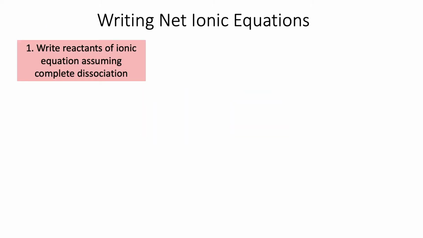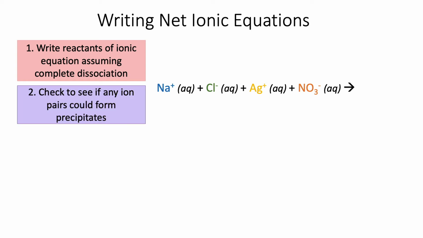Let's go back to the equation we've been working with, and let's write a net ionic equation for that reaction I've been showing you. So write the reactants of the ionic equation, assuming complete dissociation. I've already done this. Here's sodium and chloride and silver and nitrate. Check to see if any ion pairs could form precipitates.